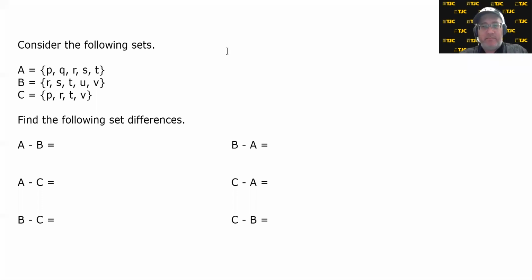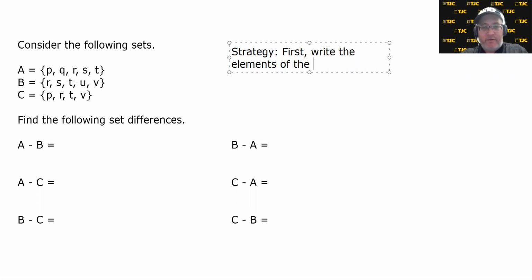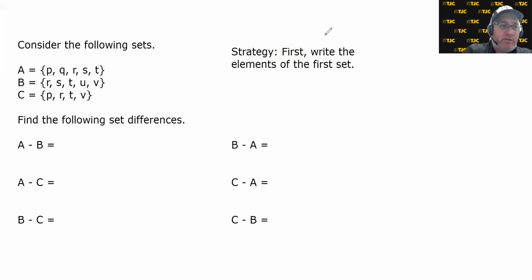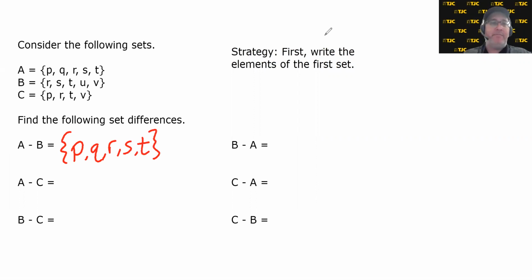The strategy for calculating a set difference is you first write the elements of the first set. So let's go ahead and do that for A minus B. The first set is A, so we're going to start by writing the elements of set A, which are P, Q, R, S, and T. Okay.